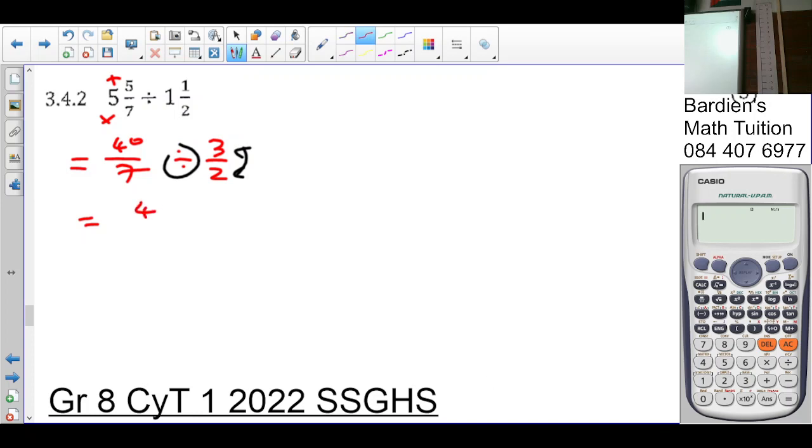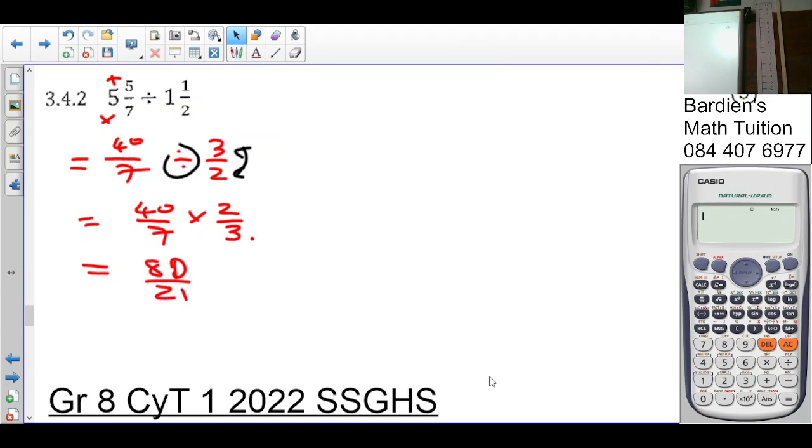Okay, so it's going to be 40 over 7 multiplied by 2 over 3. So is there anything I can cancel here? Did I make a mistake? So the answer is 80 over 21. Is that correct? Okay, you can convert it to a mixed number if you like, but your full marks are awarded at that point.